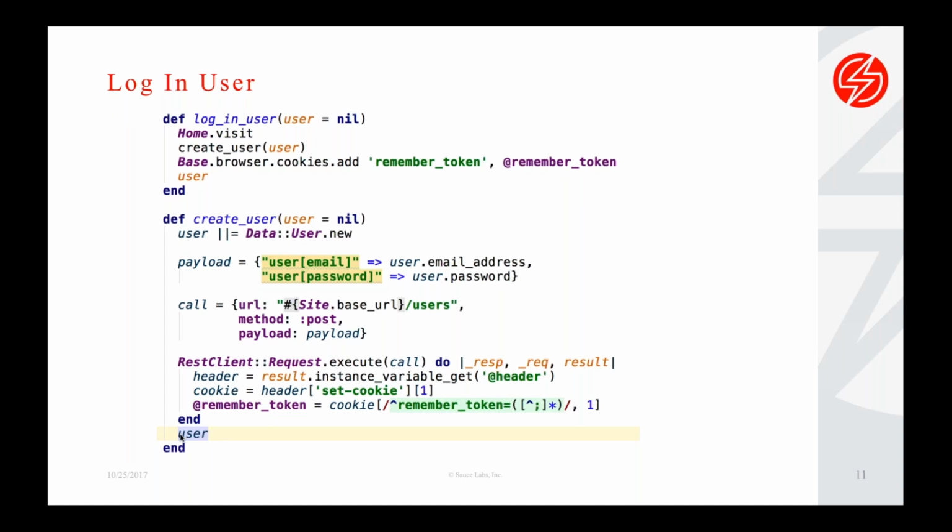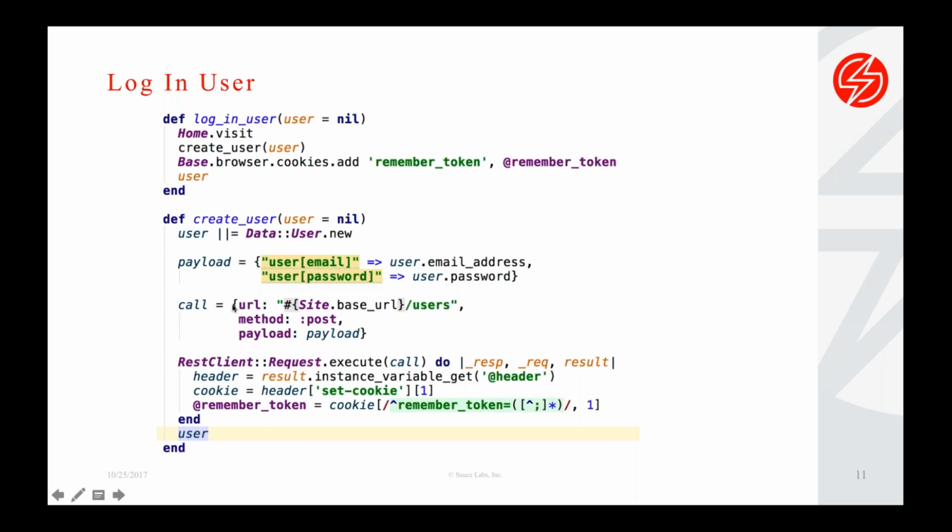I'll show some code here just to show you what I'm thinking. Essentially, logging in a user is going to be visiting the home page. And then we can just create a user without going through the form and then add the cookie that has the information that authenticates that user for the site. Essentially you're just grabbing random data. You don't care what the username or the password is. You just want a user, and then you're going to pass that information in.